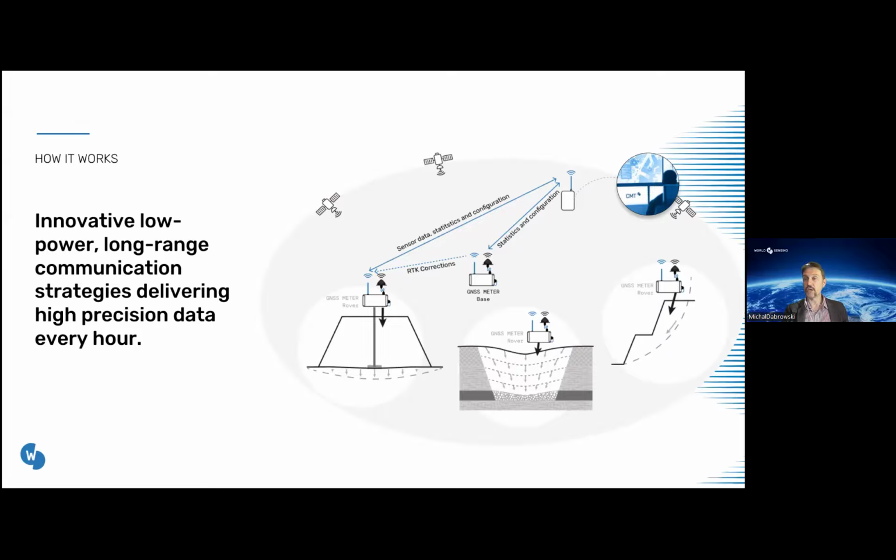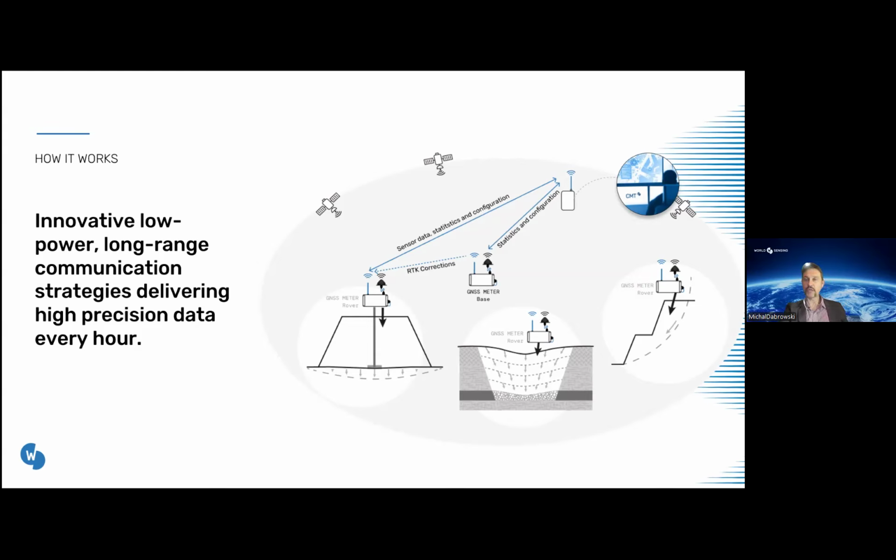So if you need to monitor 20 points or 20 locations, you would need at least 21 instruments, meaning 20 rovers plus one instrument deployed as a base. Our GNSS meter uses the same type of hardware for both. So in this regard, it's very, very flexible.